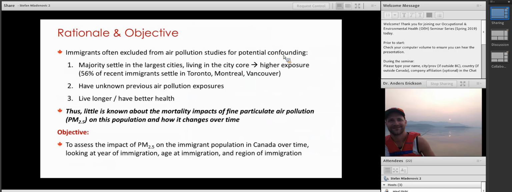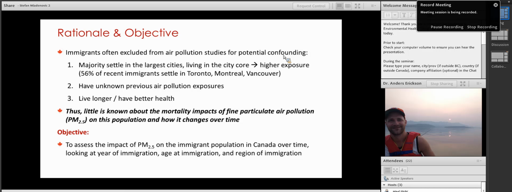There is what's called the salmon bias, and what that means is that there's thought that as immigrants age and get older, they want to die in their home country. So in the data we're looking at, for their last 5 or 10 years of life, they may go back home and live out their final years there.